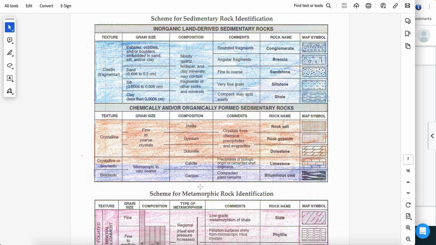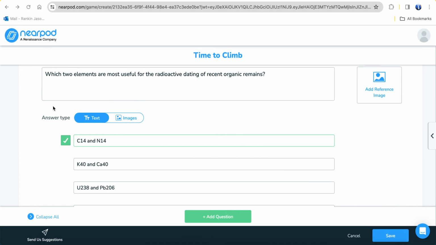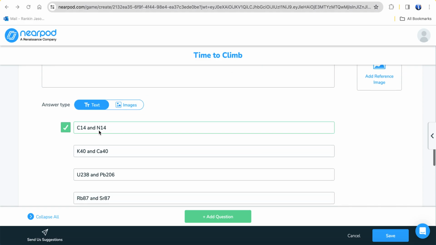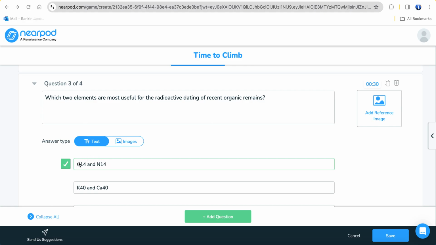All living things have carbon in them. So carbon-14 into N-14. This ratio is what we need.